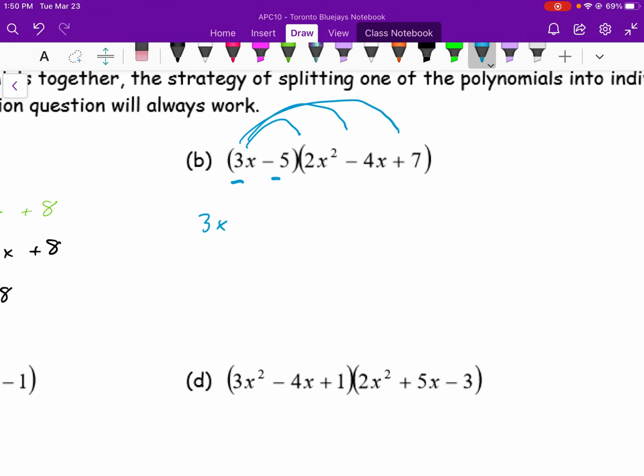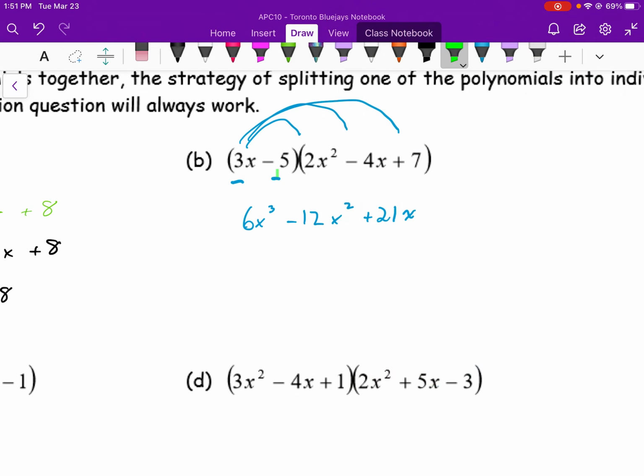So 3x times 2x squared is going to give me 6x cubed. 3x times negative 4x, so it's minus 12x squared. 3x times 7, and that is going to be plus 21x. So I'm done with this first term kissing every other term of the second polynomial.